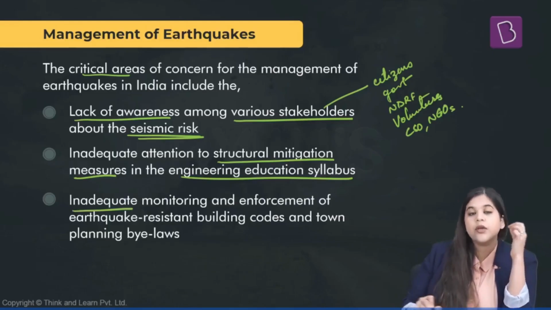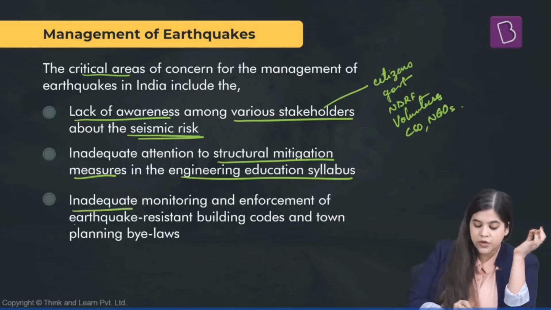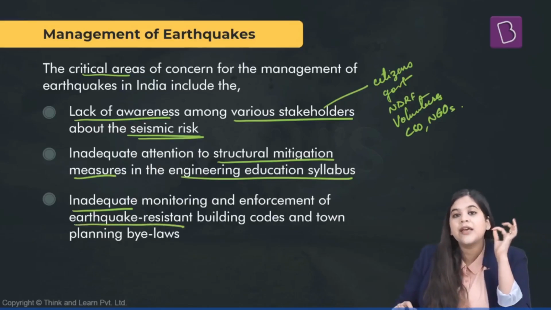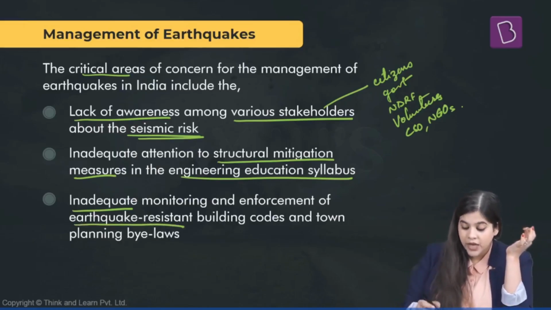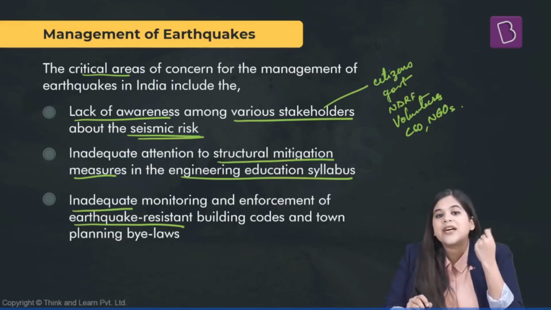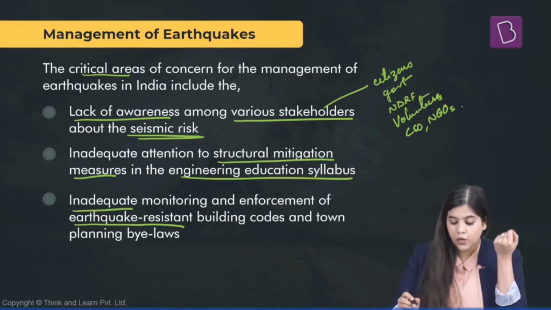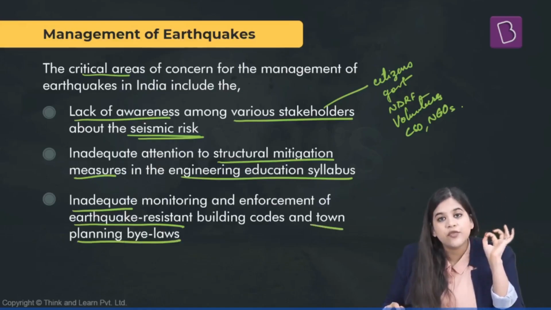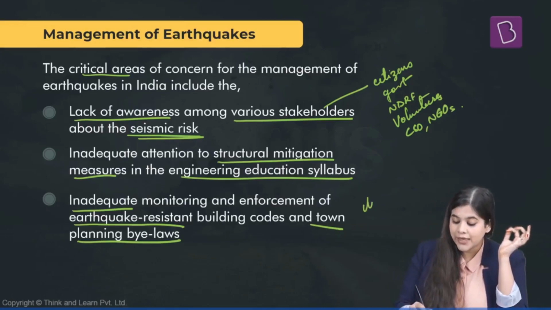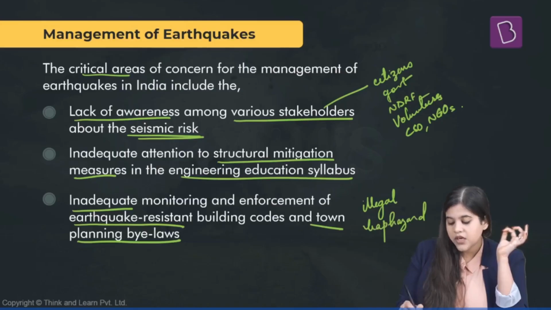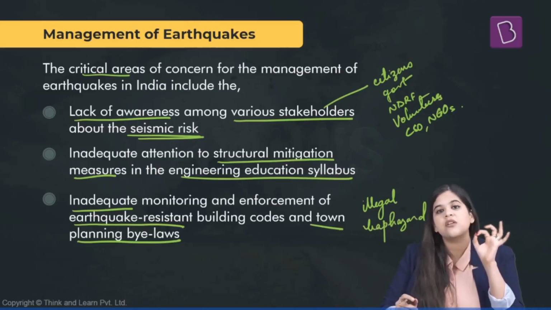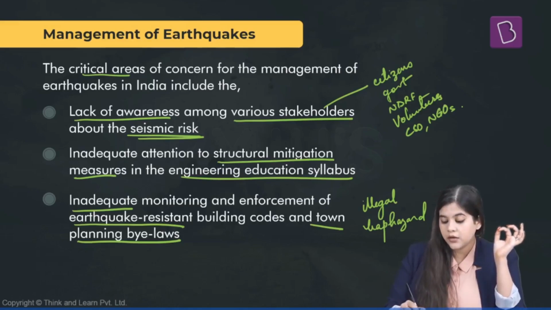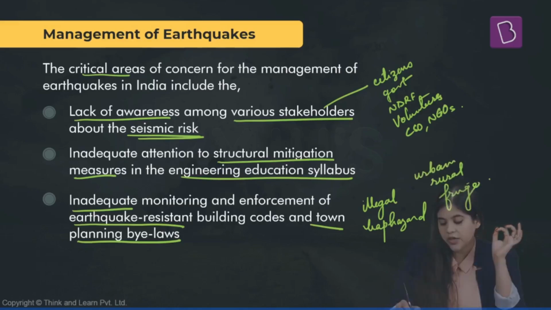There is inadequate monitoring and enforcement of earthquake resistant building codes in India because of the lack of capacity of the local governments. Also, the town planning bylaws are not very strictly followed. There is a lot of illegal, haphazard construction, especially in the urban areas and the urban rural fringe areas.